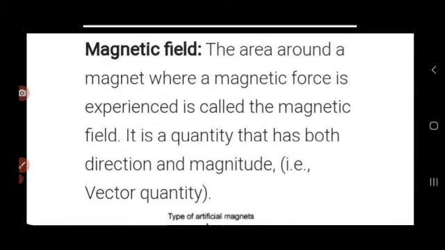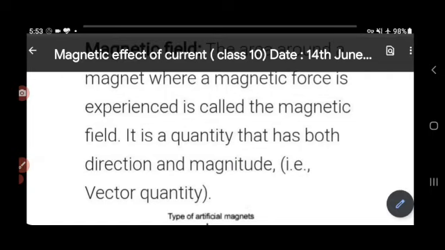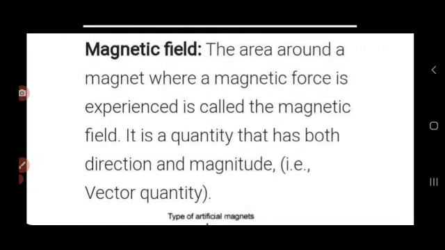This region or area is called the magnetic field of that magnet. This magnetic field is denoted by B, and it has magnitude and direction both, so it is a vector quantity.